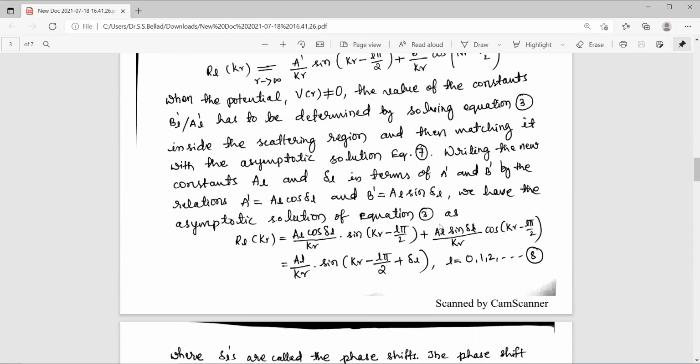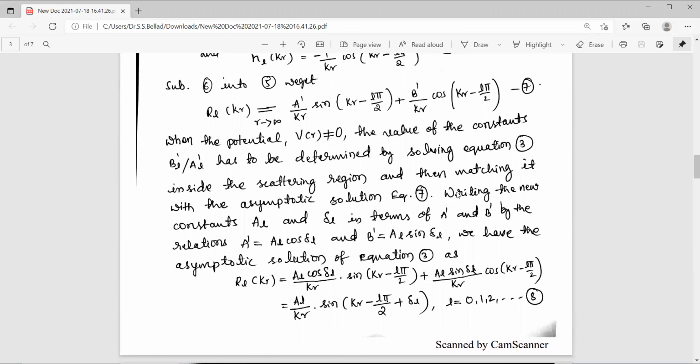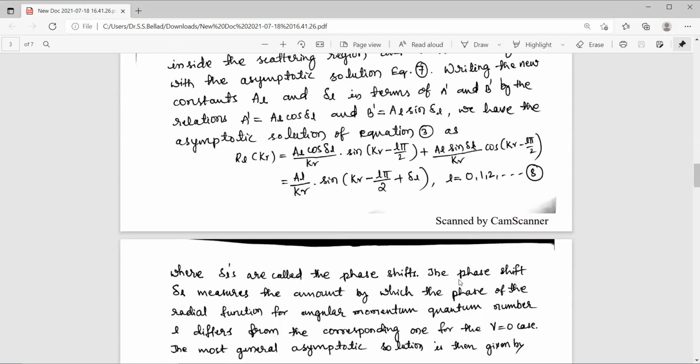And in place of B dash, we have to write A_L sin delta_L. So that is written here, and the remaining is as it is. When we substitute these A dash and B dash into equation 7, we are getting a standard form of a trigonometric function here.